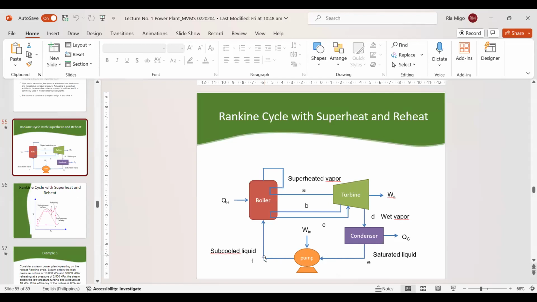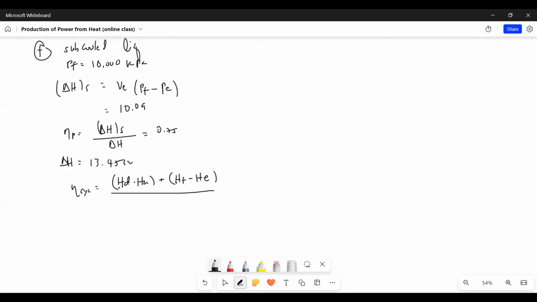So HF minus HE, tama, H. The boiler is HE minus HF. Okay, HE minus HF. So we have all the values of the H that we need. So times 100. And you substitute the values, and you will get 33.235%. Okay?